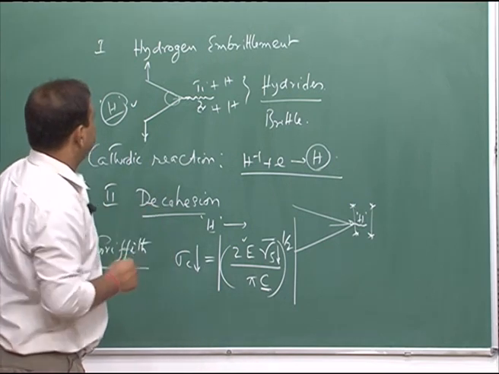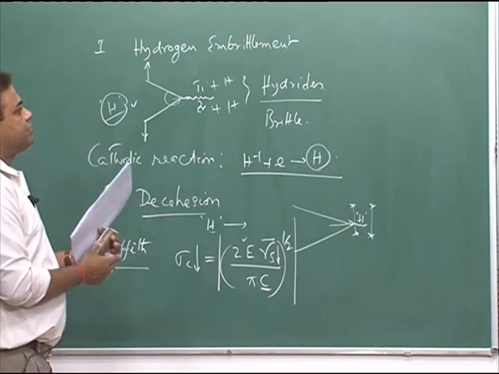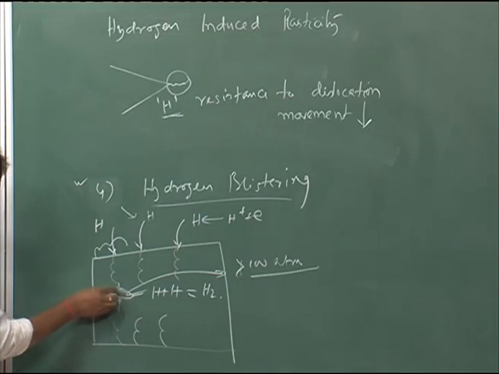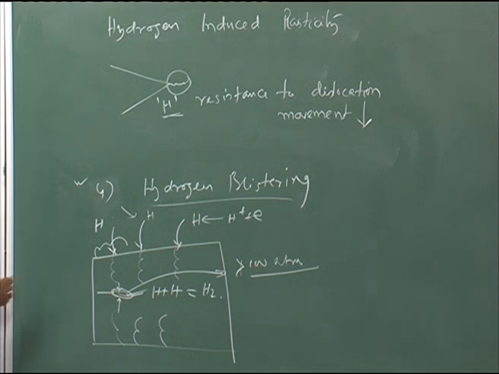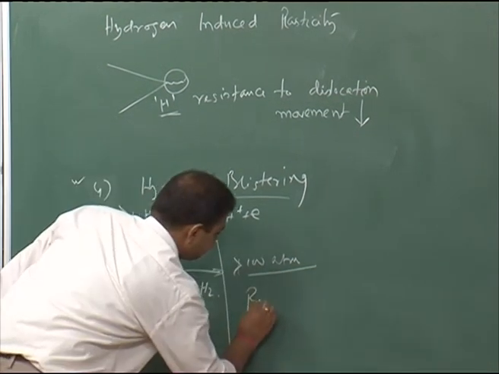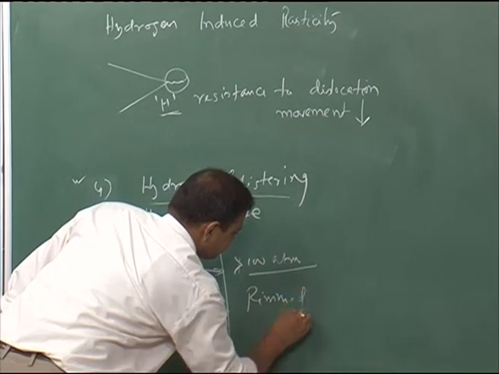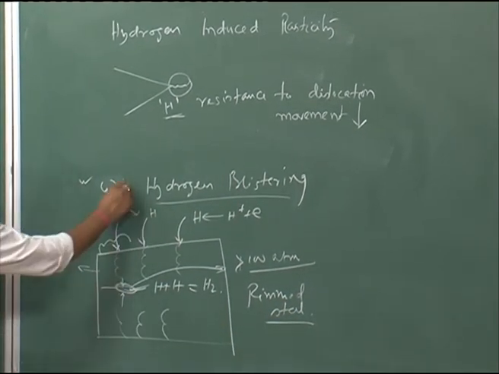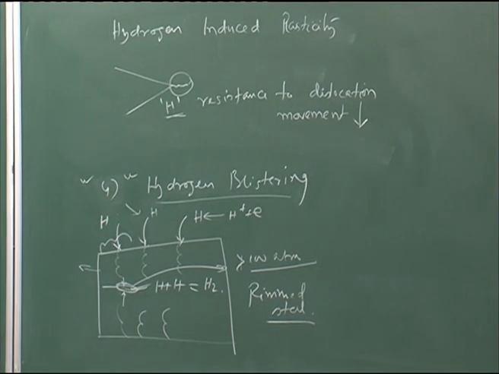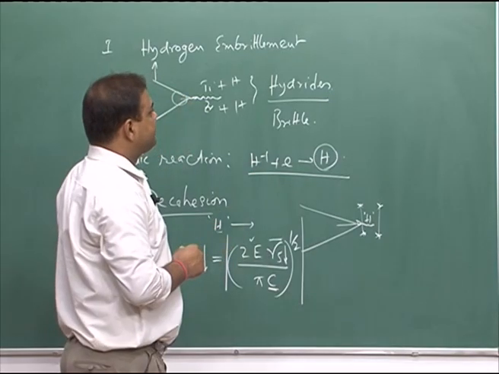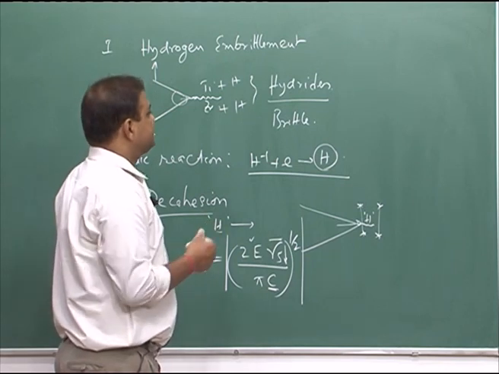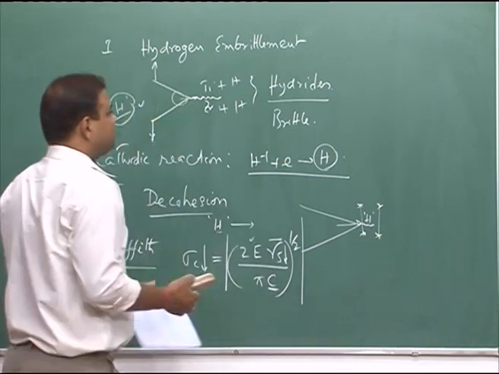This way we can protect against hydrogen embrittlement or hydrogen related plasticity, and if we can reduce the void formation inside the material, as happens in the case of rim steel, the hydrogen blistering can be avoided. So, these are some ways to protect material from hydrogen related cracking phenomena.